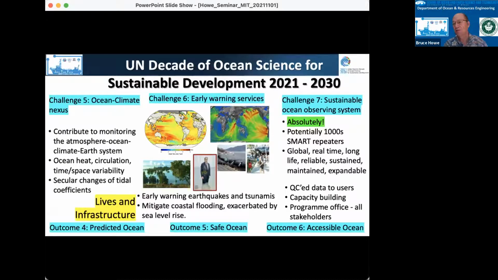Let alone for ice shelves, changing ocean, eating away at the face of an ice shelf and ice cliff. So providing early warning for earthquakes and tsunamis, and mitigating coastal flooding. And then absolutely we'll be contributing to the global ocean observing system.